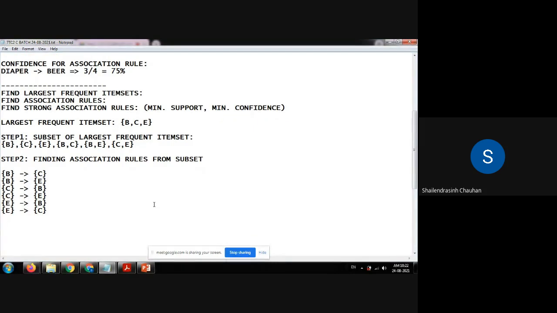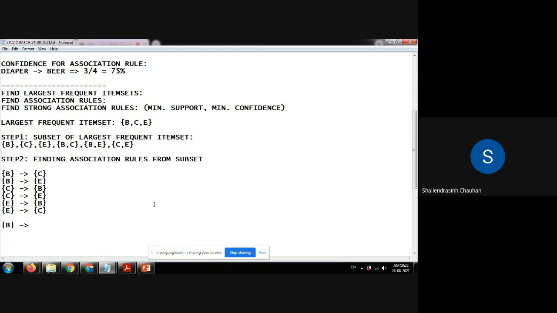Now combination of one on left, combination of two on right. So on left B. Now on right hand side, you need to choose subset where you are not having item on left.